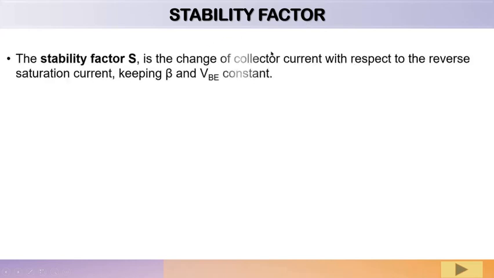Okay, coming to the stability factor, there are three types of stability factor. The first one is the stability factor S. Stability factor S is the change of collector current with respect to the reverse saturation current, keeping beta and VBE constant. Beta means current amplification factor and VBE means base emitter voltage.